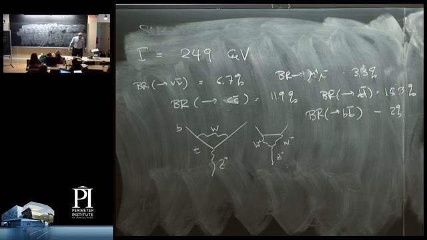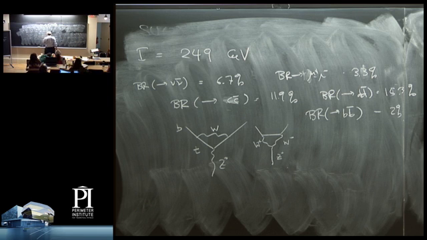So another thing that you can predict is the number R sub b, which is equal to the probability of making b bbar divided by the probability of just making hadrons, making any kind of quark.